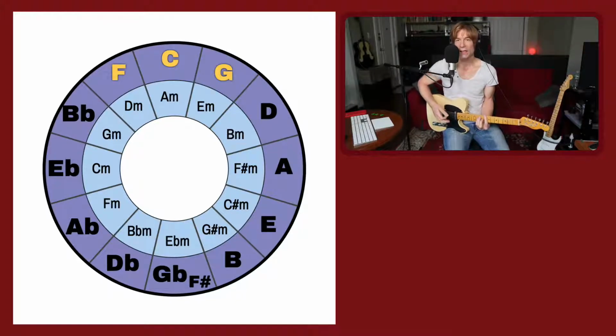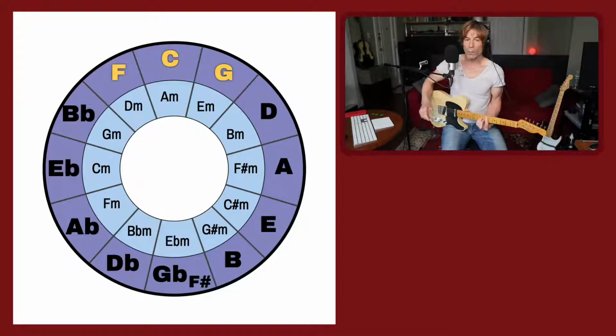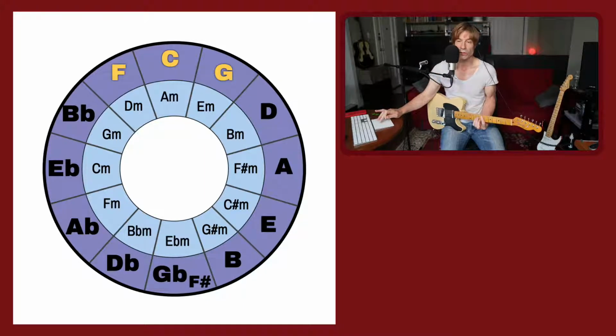So you have C, F and G, but you also have D minor, A minor, and E minor. You can come up with all kinds of chord progressions using those chords. You can write a song in the key of C using all 6 of those chords, and it will sound totally awesome.